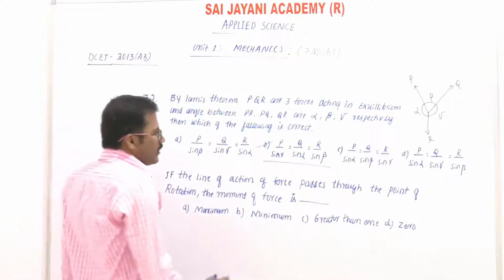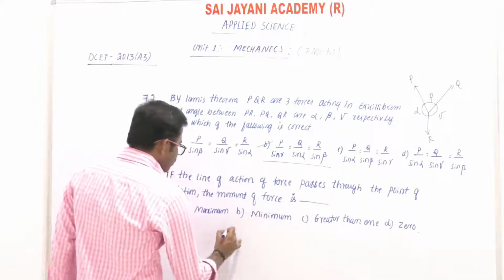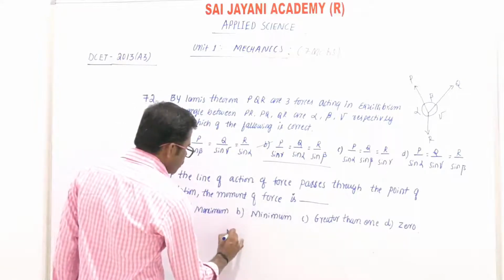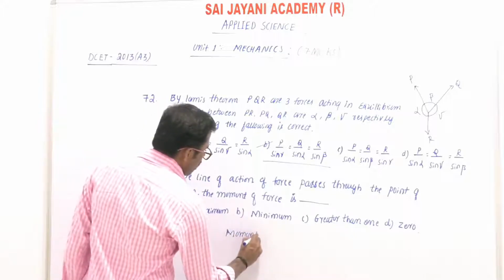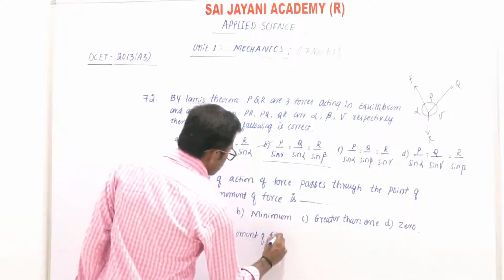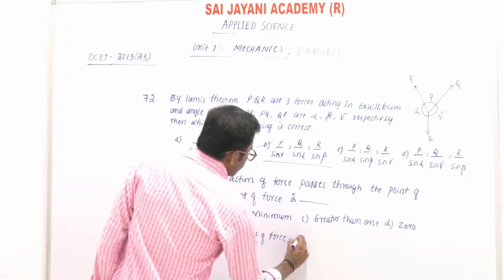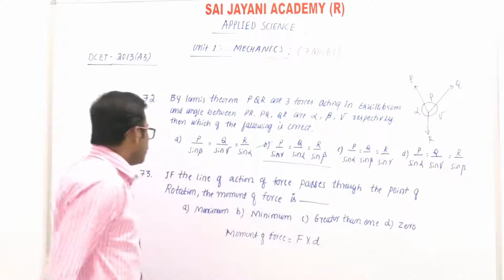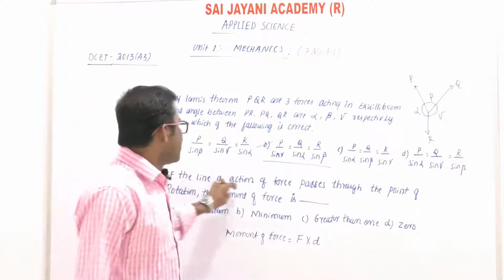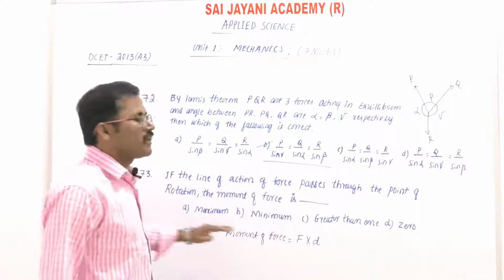So he says the moment of force is given by the formula force into distance, but he says the line of action of force passes through the point of rotation.